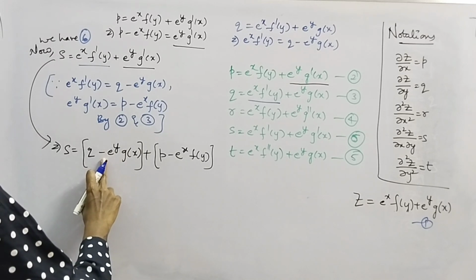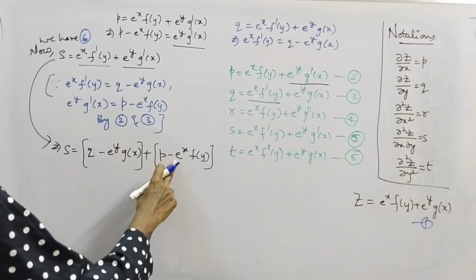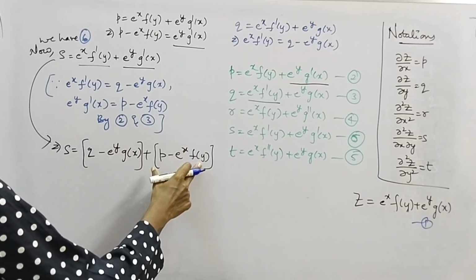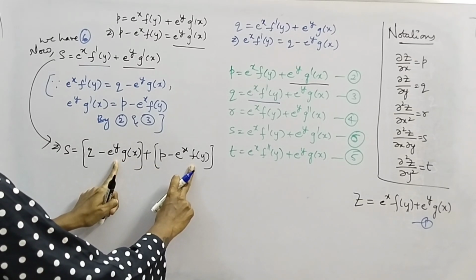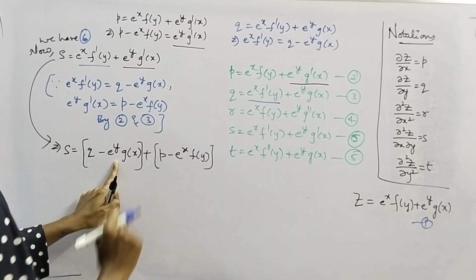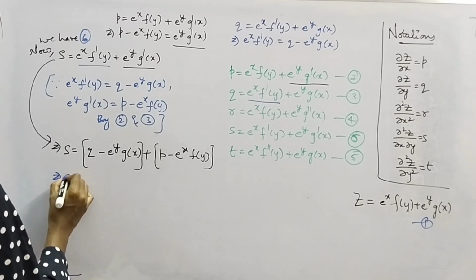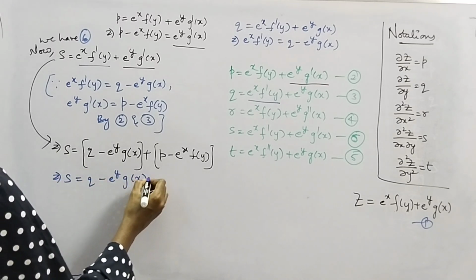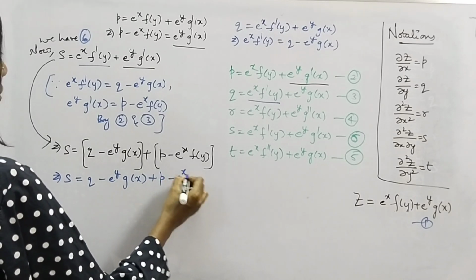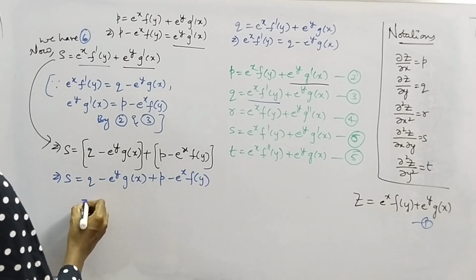Here we need to notice that we have minus e power y g of x and minus e power x f of y, right? By taking minus from these two terms, we'll get z using 1. Let's see how we'll get it. S equal to q minus e power y g of x plus p minus e power x f of y.